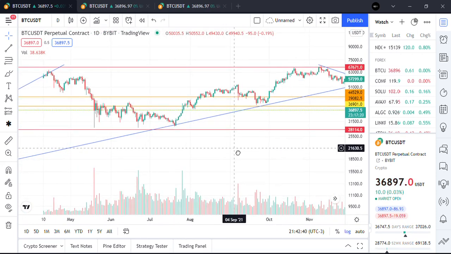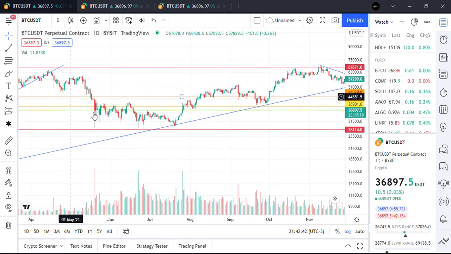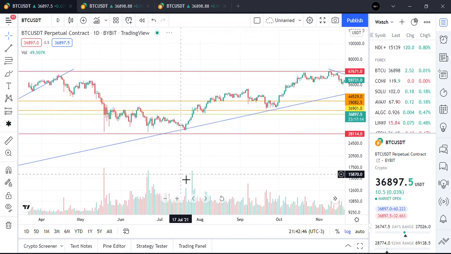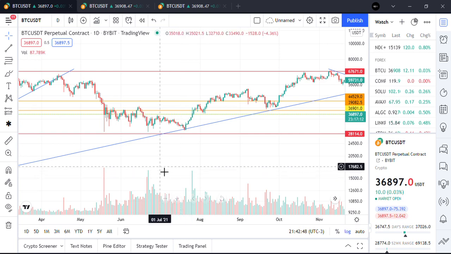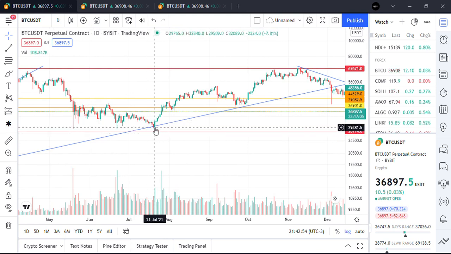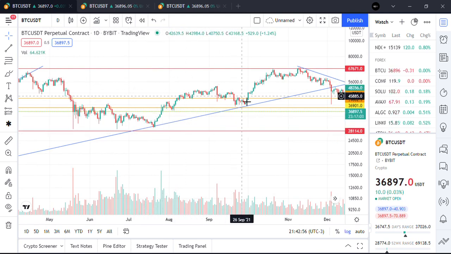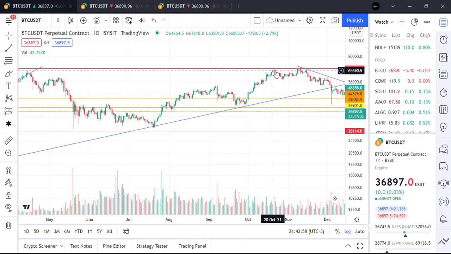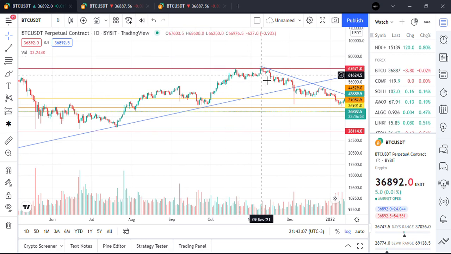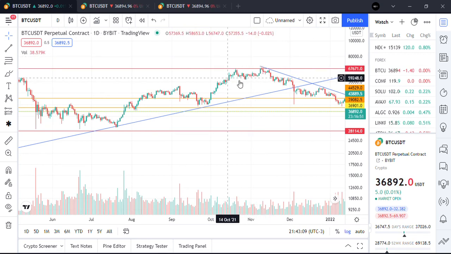So price came over here, bounced and got to this point, then went higher. Got to the trend line again, it went higher. Then it touched a support. You can use both a trend line and a support to make more successful trades.